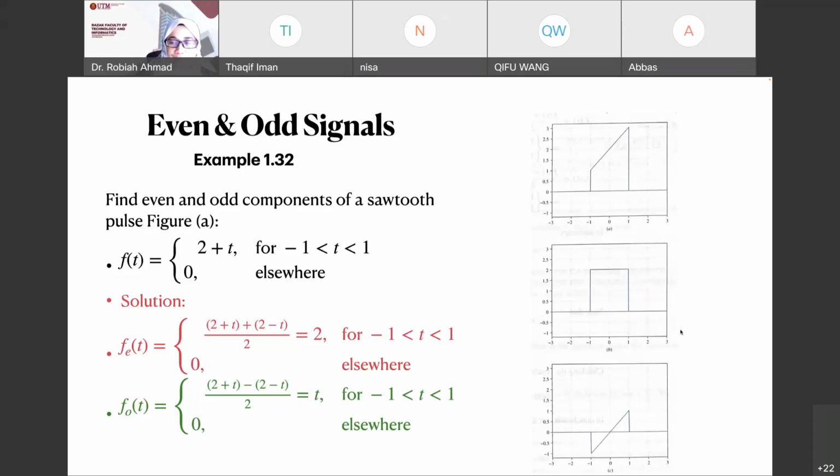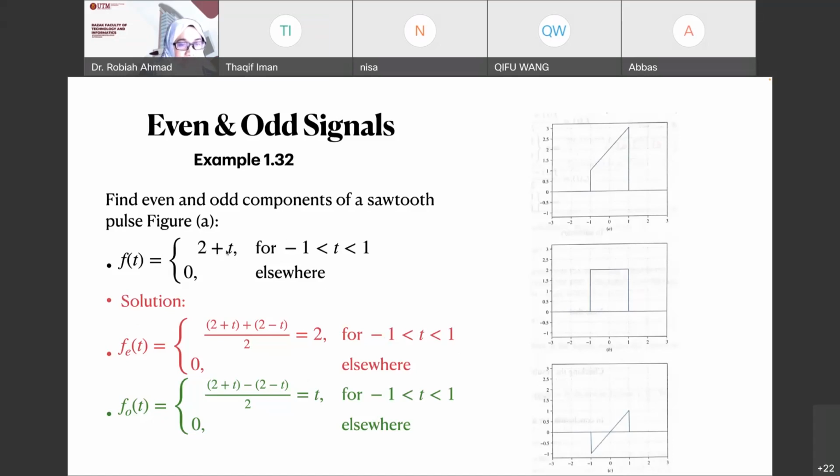So how do we find and sketch the even and odd components of the signals? So first, let us get the equation first. Okay. So the even signal, the even is signal plus reversal of the signal divided by 2. So we only concentrate on the signal between -1 and 1, but elsewhere it is 0.